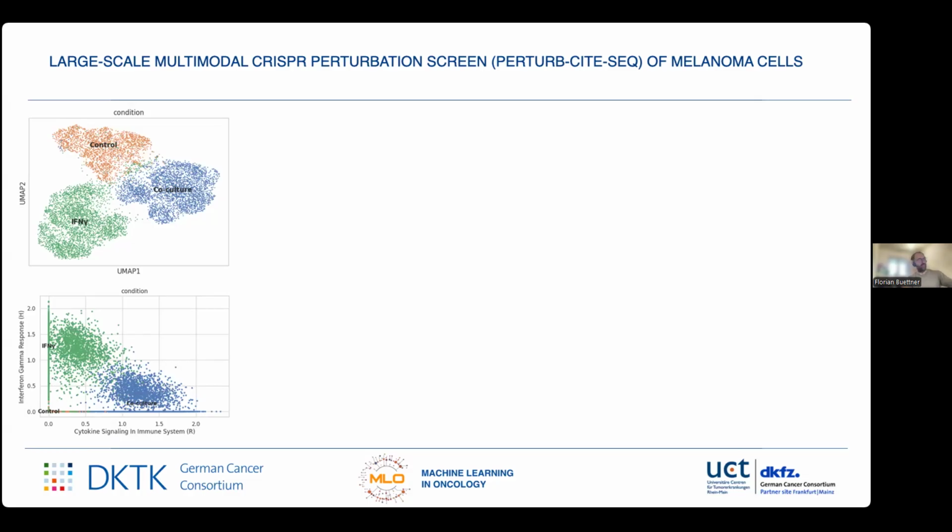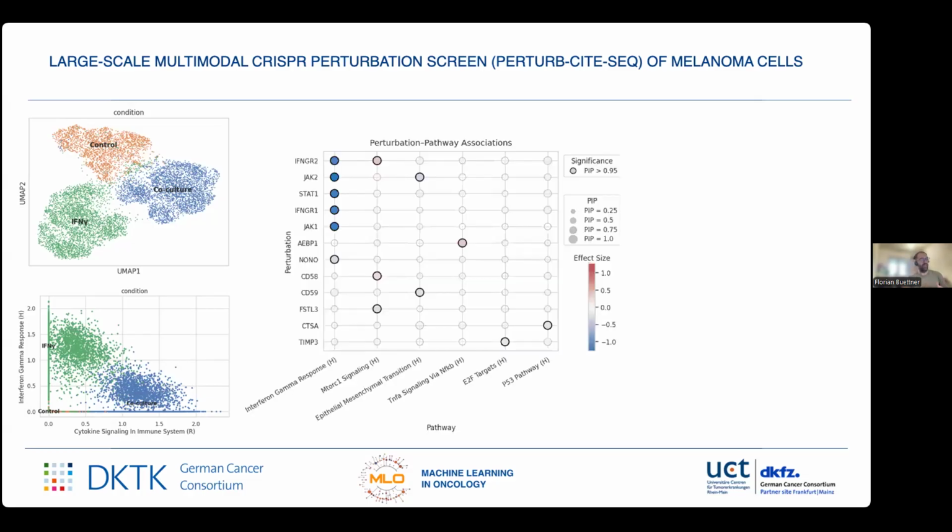But that's all sort of like the basic MOFA stuff, right? So what we'd now like to see is how do perturbations link to these factors. And this we can also do, and we compute something called the PIP, which is sort of like a Bayesian version of statistical significance. If you have this significance, links are shown with this black circle around. And the way to read this is that on the rows here, we have different perturbations, and the columns are different pathways.